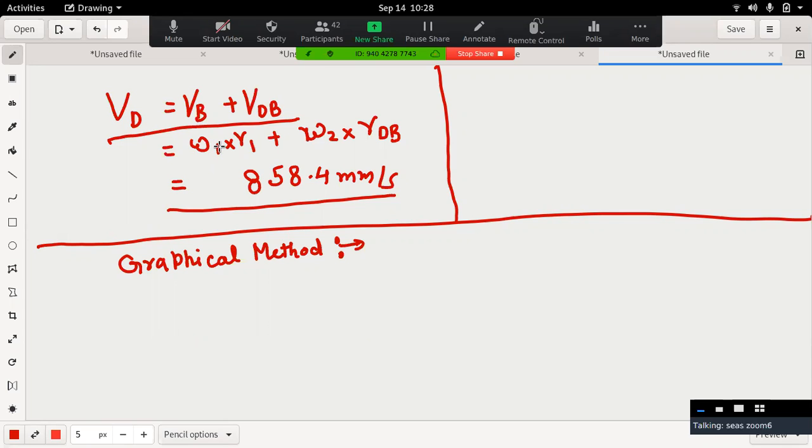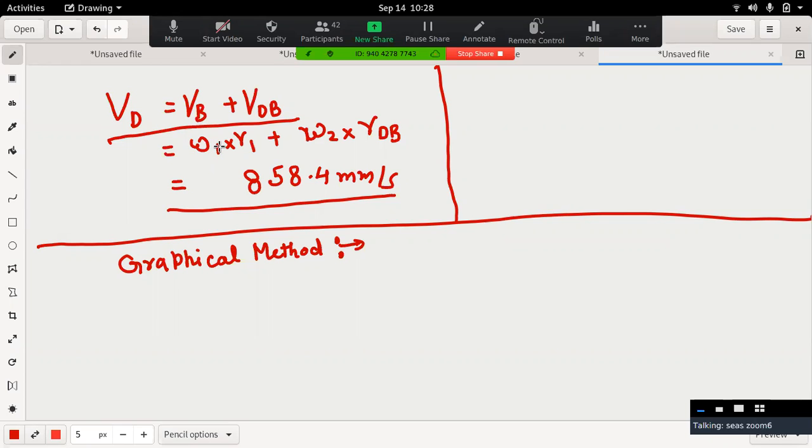In fact, many designers prefer to use the graphical method instead of tedious calculations, because in calculations there are a lot of chances of getting errors. If you make a small mistake in one of the components, the whole system will be in error. But in the graphical method, the chances of error become very low.